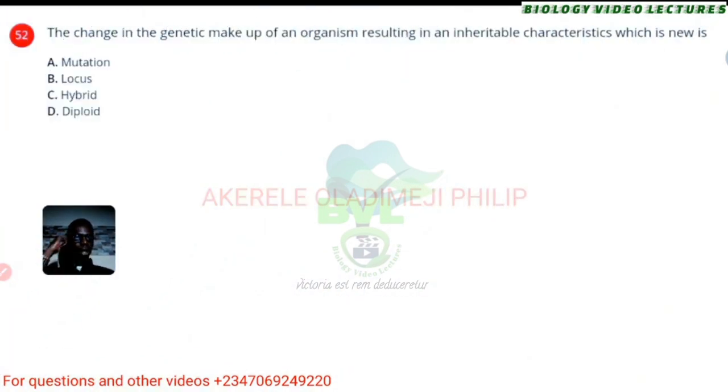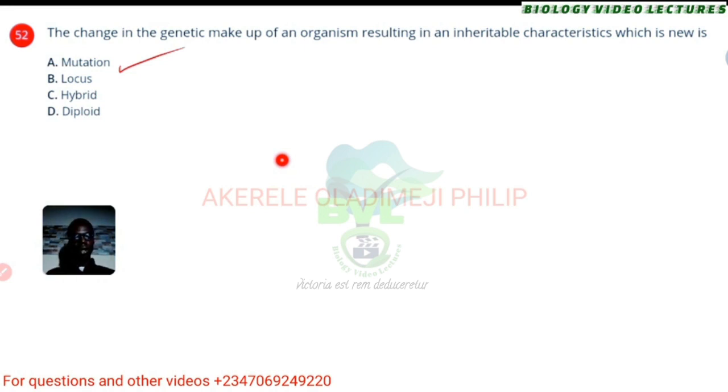The change in the genetic makeup of an organism resulting in an inheritable characteristic which is new, that would be mutation. Anytime there's a change which wasn't there before, like it just started, that is called genetic mutation.